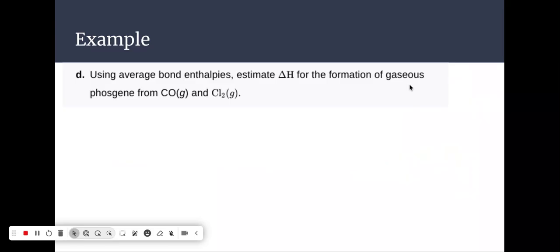Next is a more complex question that may be asked about this topic. You should have seen this question before about the bond enthalpies, and so this incorporates those concepts, but you already should know how to do the math. It's just helpful to look at it again. So, using average bond enthalpies, estimate the change in enthalpy for the formation of gaseous phosgene from carbon monoxide gas and chlorine gas.